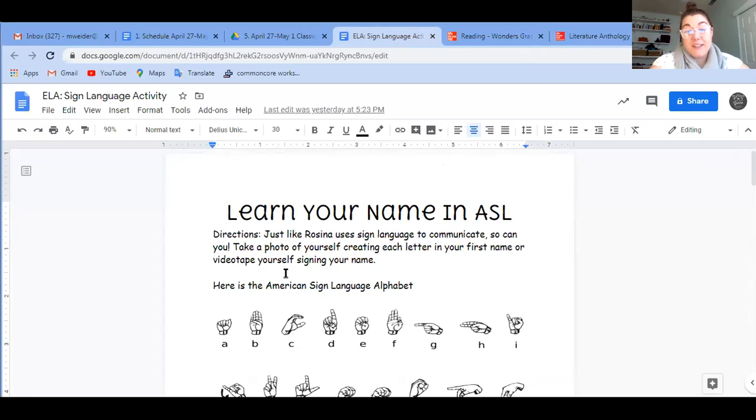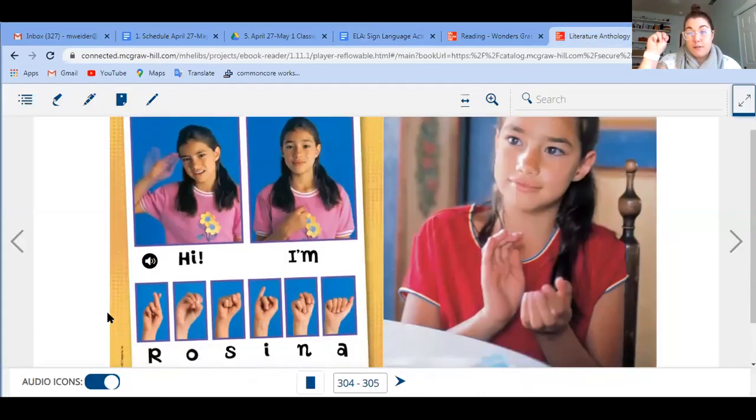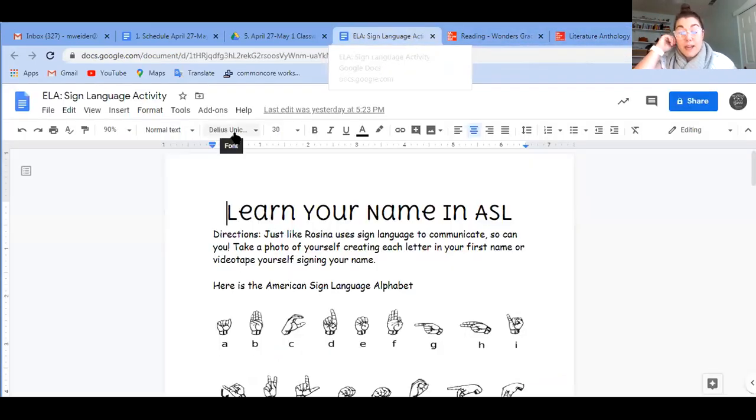I've got a fun activity for you guys. So just like Rosina uses sign language to communicate, so can you. You're going to take a photo of yourself creating each letter in your name or videotape yourself signing your name. So you may want to do like what Rosina did and take a picture of your hand doing each one and then send me that. Or you could send me a video of you signing your name.